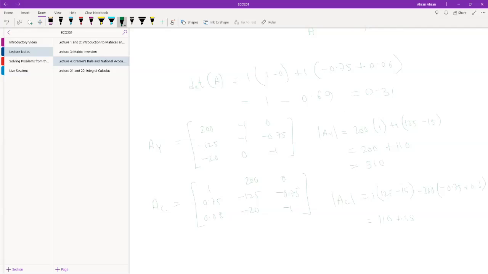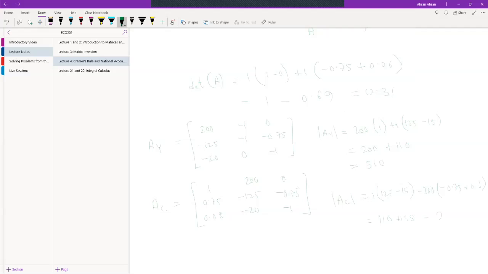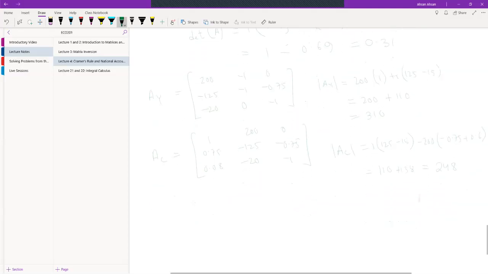We get 138 here. So 248 is the determinant of A_C.